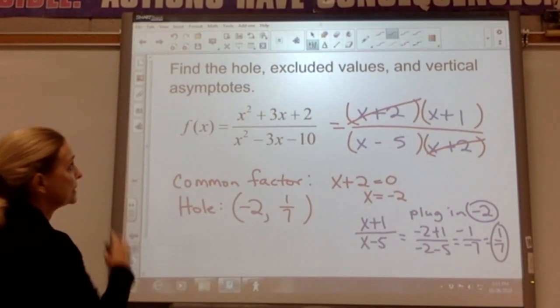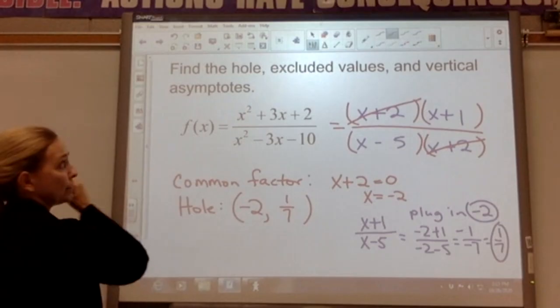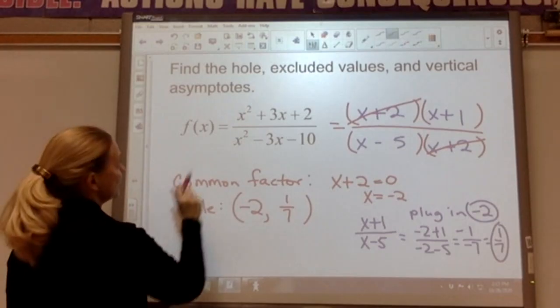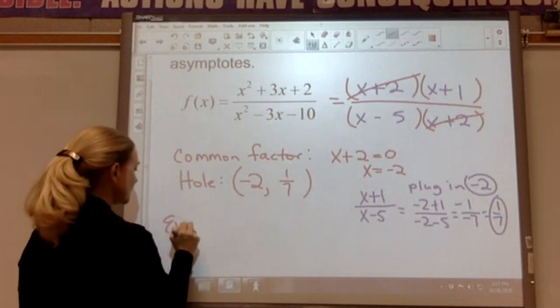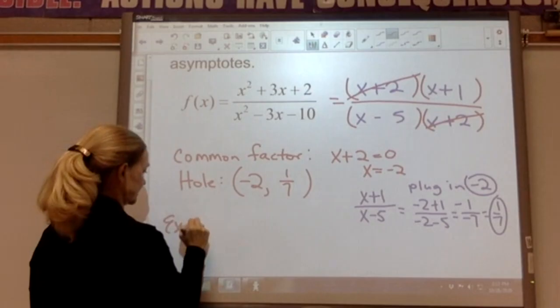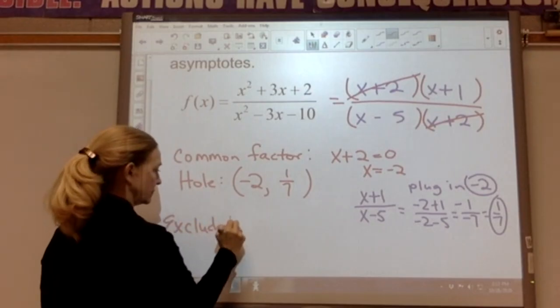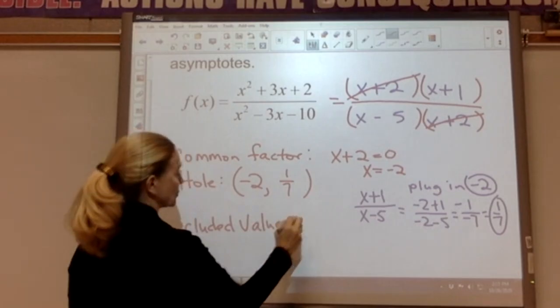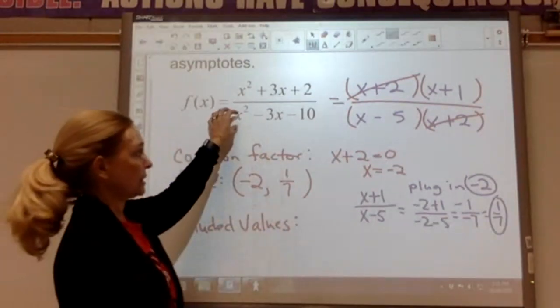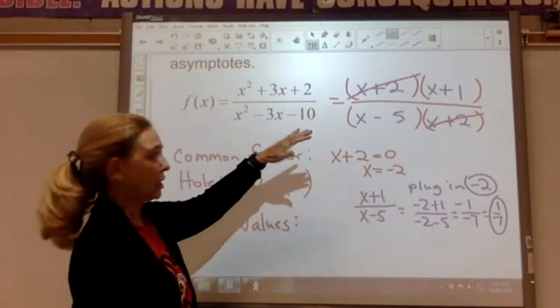Okay. So now, we found the hole, and now it's the excluded values. All right, so this is where the domain comes in. All right, excluded values, you still use the entire denominator of the original problem.